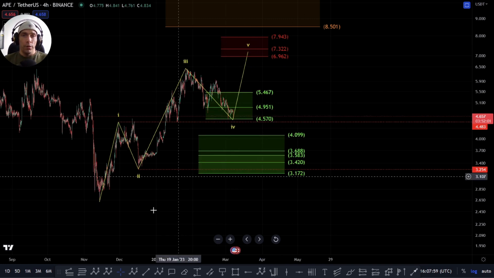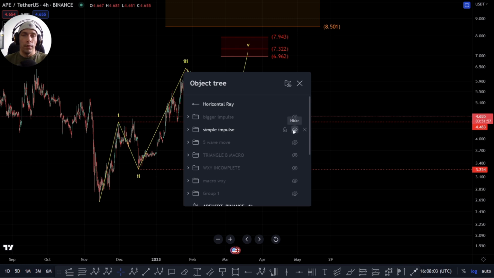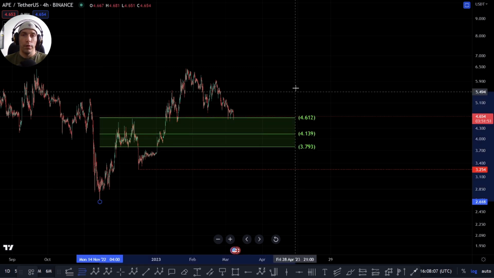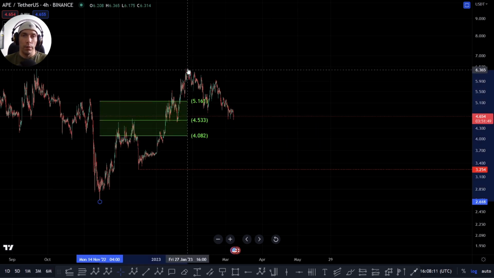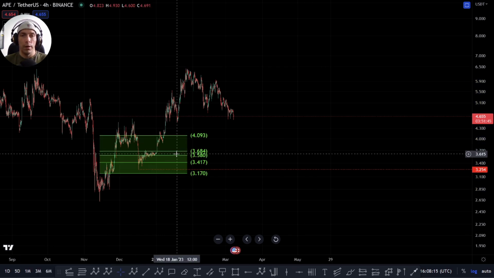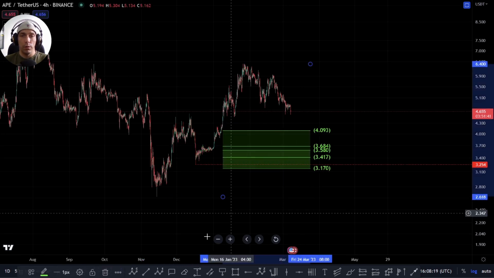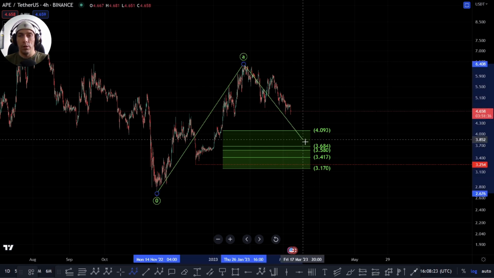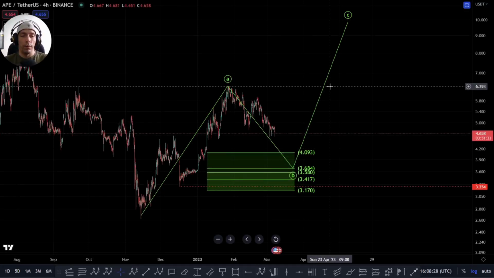However, if we start to lose this zone, potentially what we would need to be looking out for is that instead of looking at that move like that, we could have this as an A wave into this high, and then we could look for support lower down here. And instead of looking at this as an impulse, we could just look at this move as an A wave, potentially look for a B wave and a C wave to the upside. That would be the corrective way of looking at it.